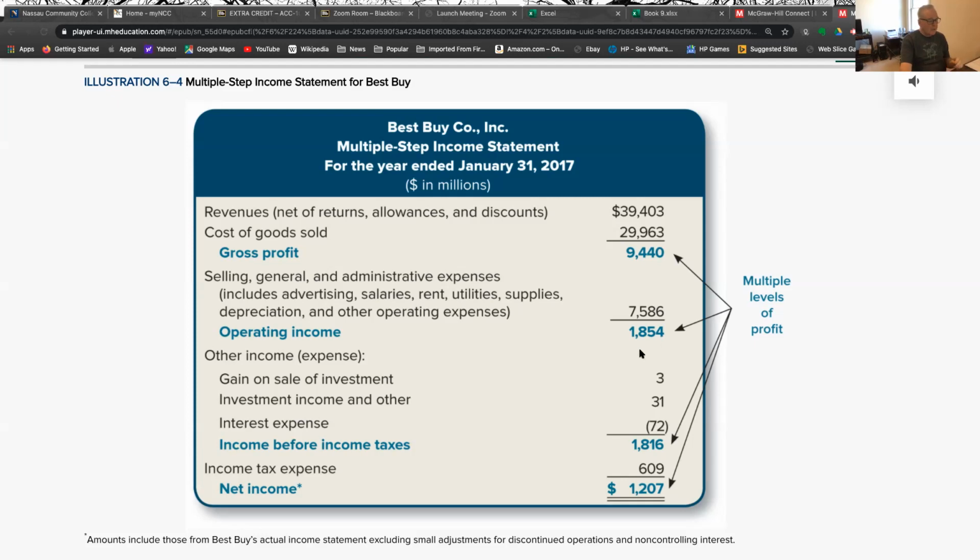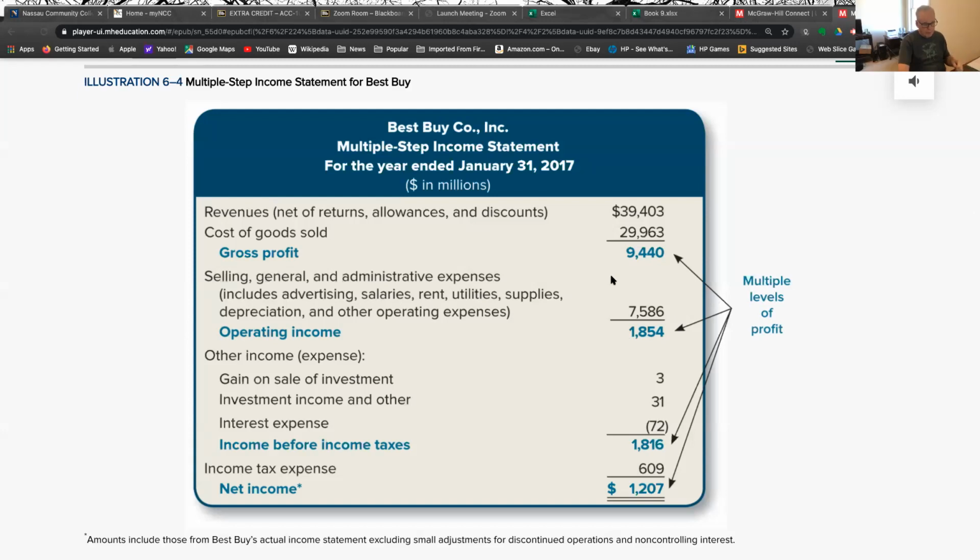Now, there could be other things that they do or have that affect net income, but have nothing to do with the main reason they're in business. In other words, the main reason they're in business is this number. The main reason they went into business is to buy and sell electronic items.